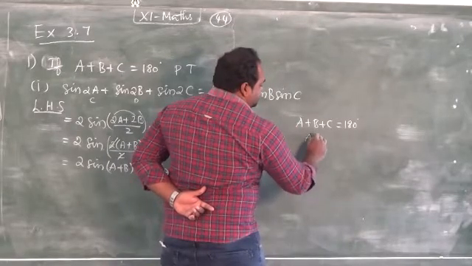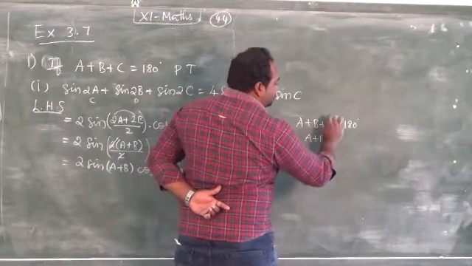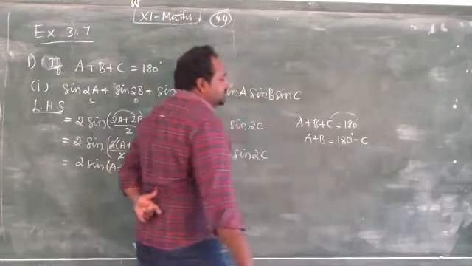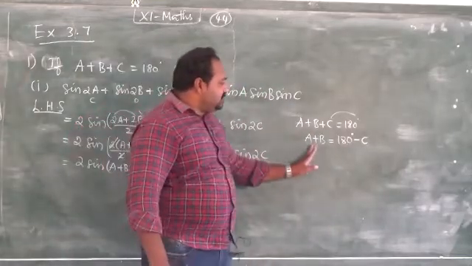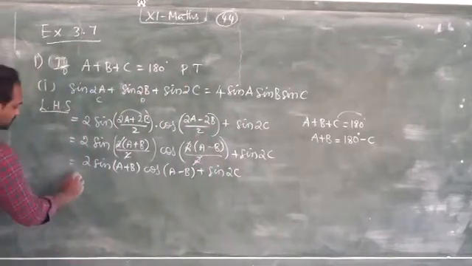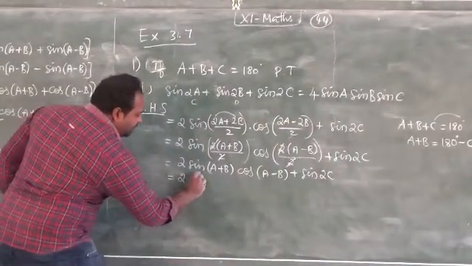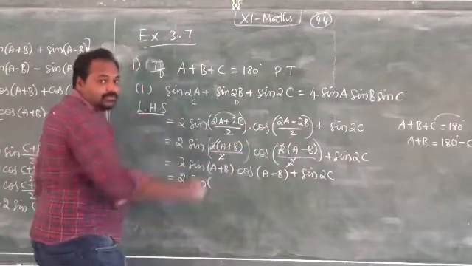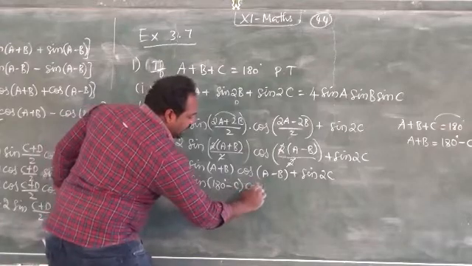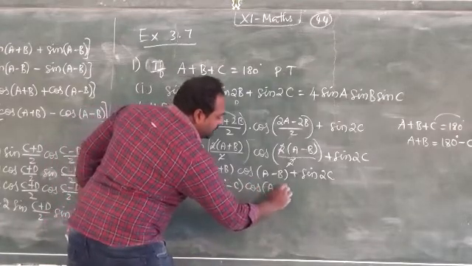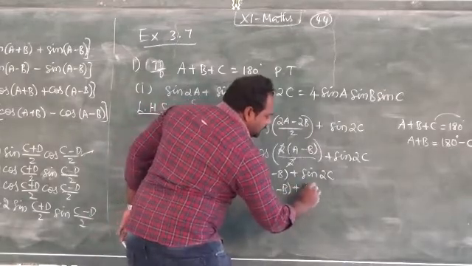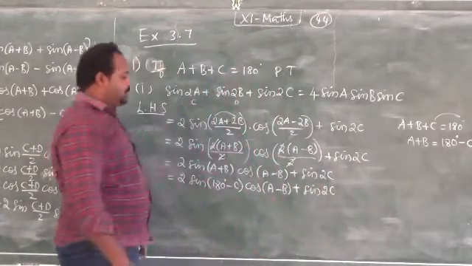So A plus B equals 180 minus C. Wherever you see A plus B, instead we can write 180 minus C. So 2 sin of (180 degrees minus C) cos of (A minus B) plus sin 2C.